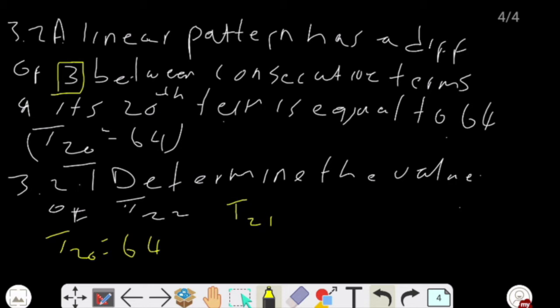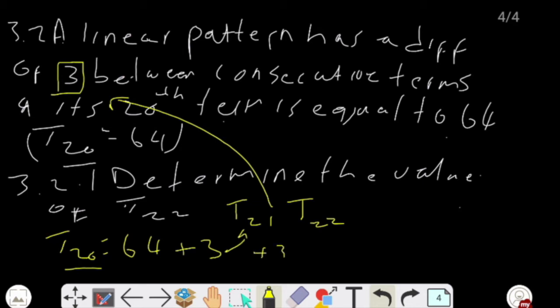You must find T22, so before that you must get T21. From T20, I add the 3 to get to T21, and then add another 3 to get to T22, which gives 64 plus 3 plus 3, which is 70. Nice and easy marks for you. Let's move on to the next question.